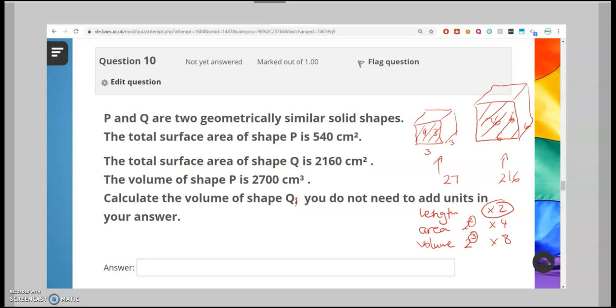So now let's suppose that this is shape P and this is shape Q. We do not know the dimensions, so we're going to take these off for both of the shapes.